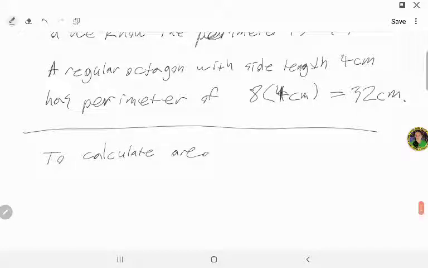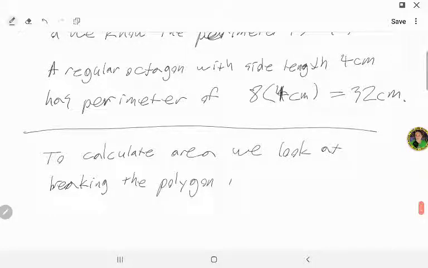To calculate area, we look at, again, breaking the polygon into triangles.